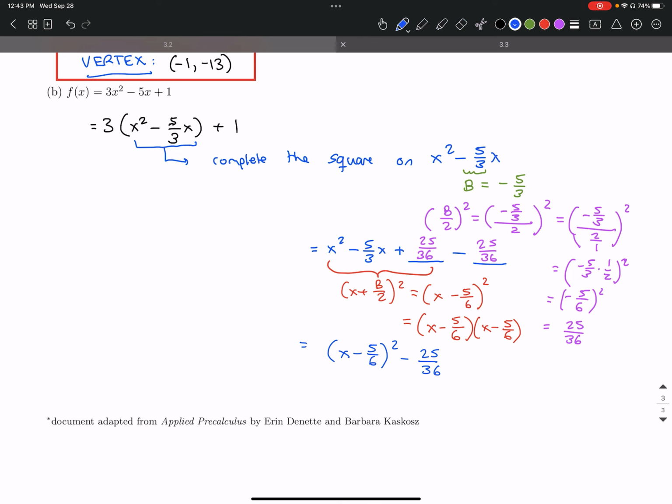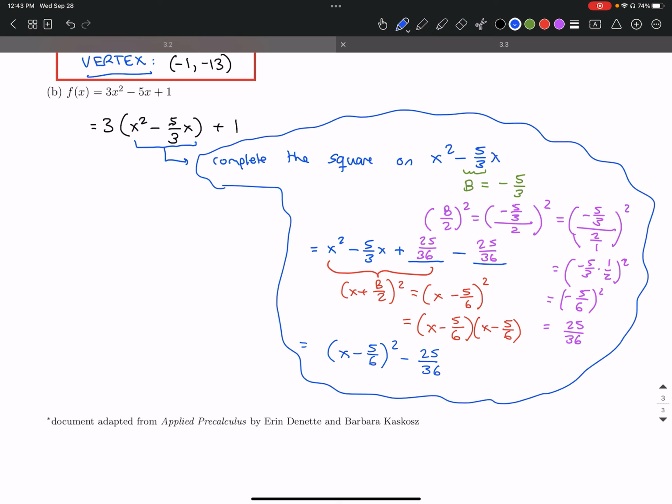Okay, all of this is kind of like one giant side note, and we are going to bring it back and use it to replace the part kind of underlined in blue. This becomes 3 times what we just got, so 3 times this thing, which was x minus 5 over 6 quantity squared minus 25 over 36. And then outside that set of parentheses, we still have the plus 1.